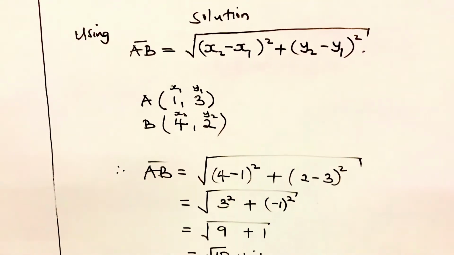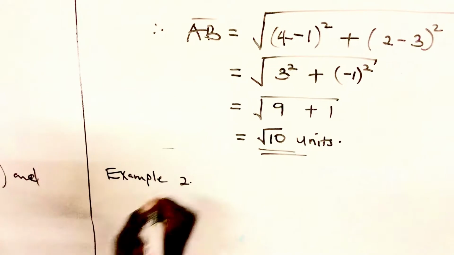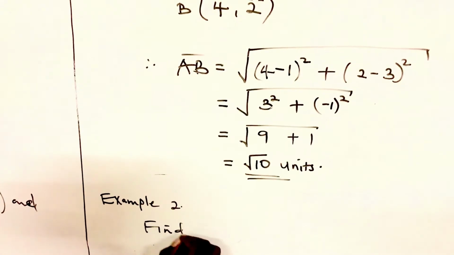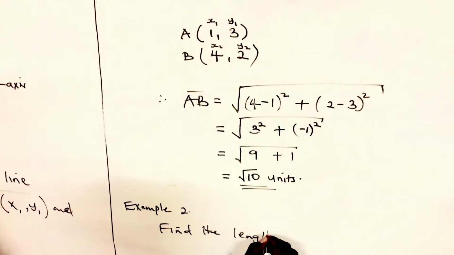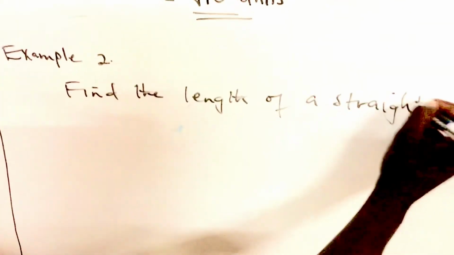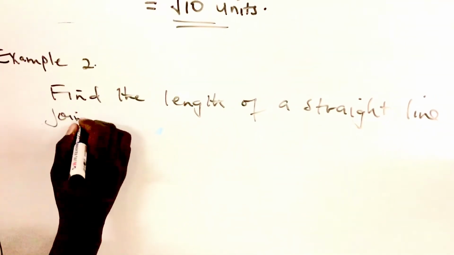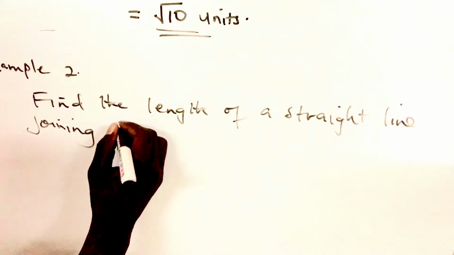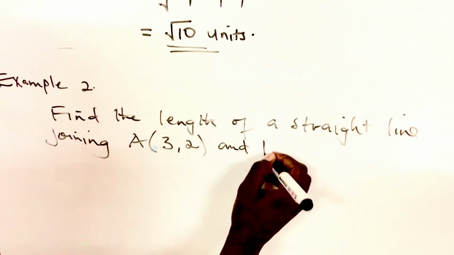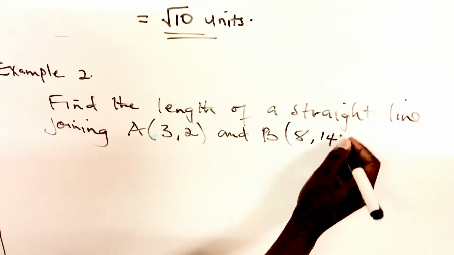For those who didn't understand this, example 2. Find the length of a straight line joining A, which is (3, 2), and B, which is (8, 14).